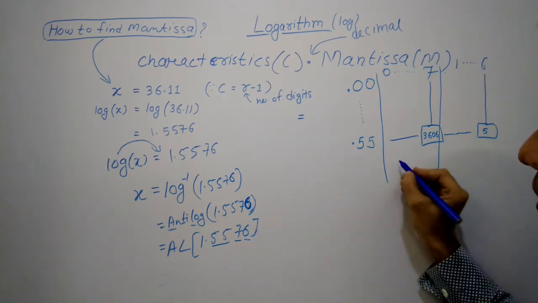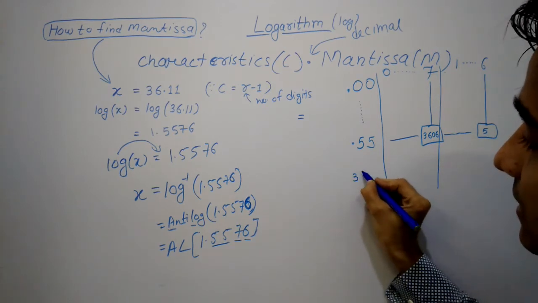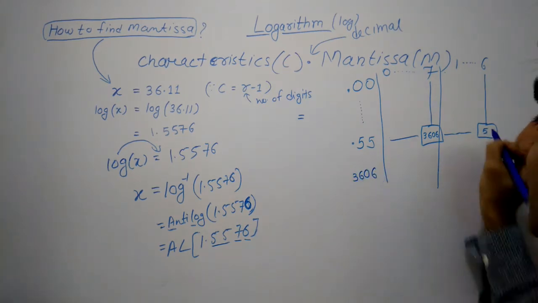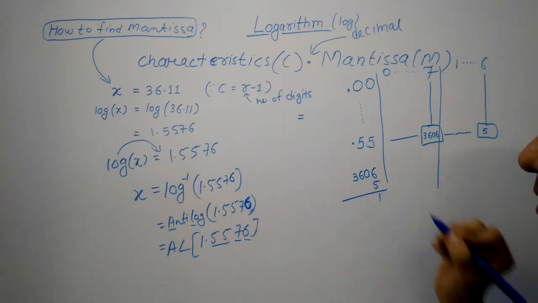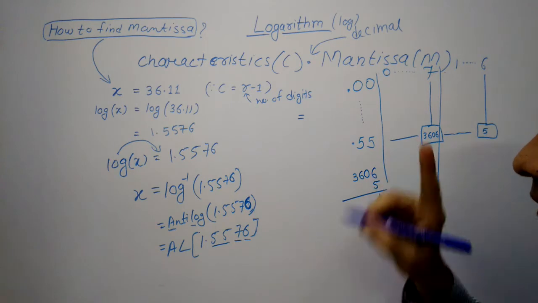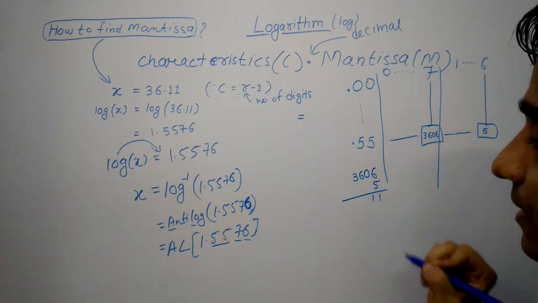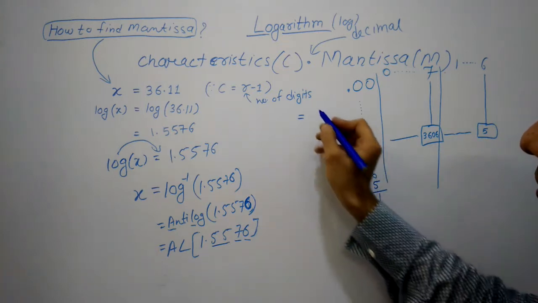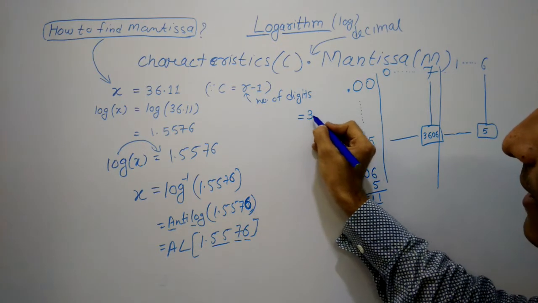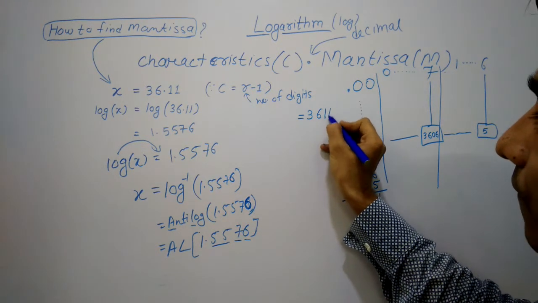So take 3606 plus 5: 5 plus 6 plus 5 is 11. One carry is left, so you add it to the 6, making 3. So here you put 3, 6, 1, 1.